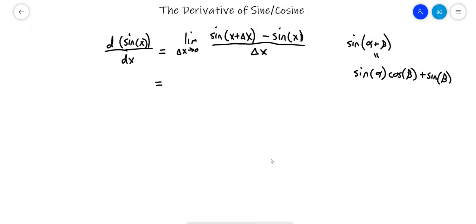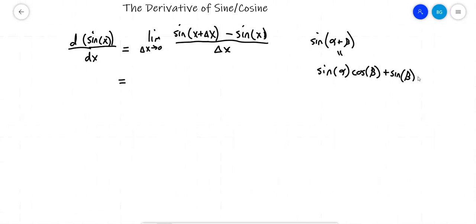I'm running out of room. There we go. So that's our identity that gives us the sum. The sine of a sum can be written like this, and that's the way we're going to want to go with this.